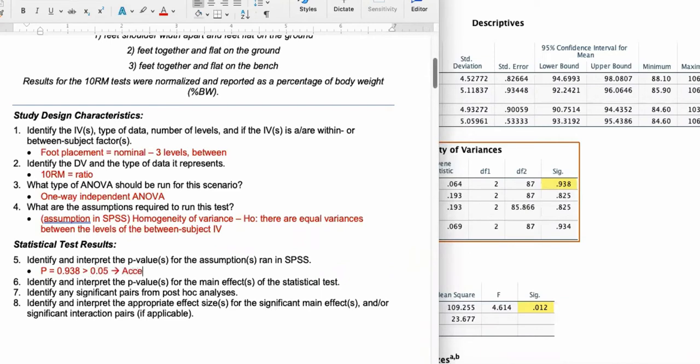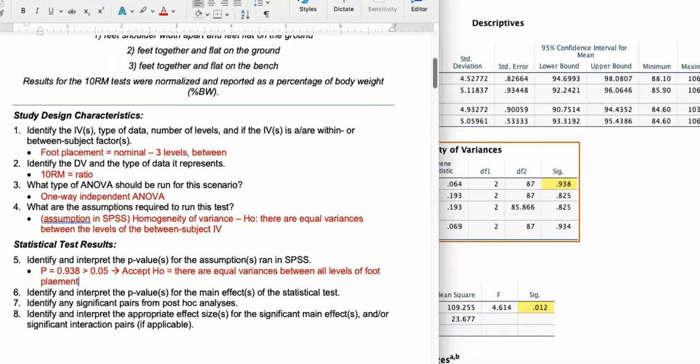So we can accept our null hypothesis, right? And the interpretation would be that there are equal variances between all levels of foot placement. Doesn't sound super eloquent, but that's the gist of things.